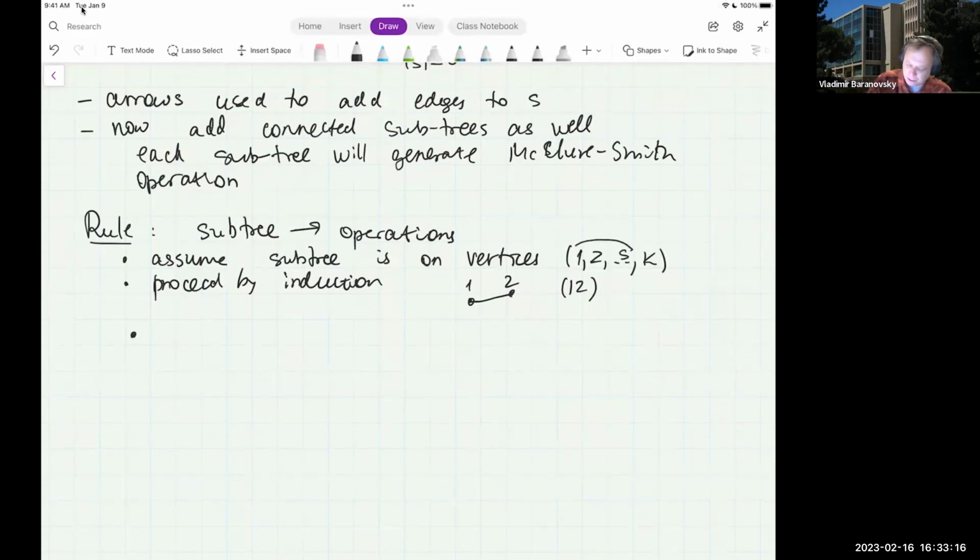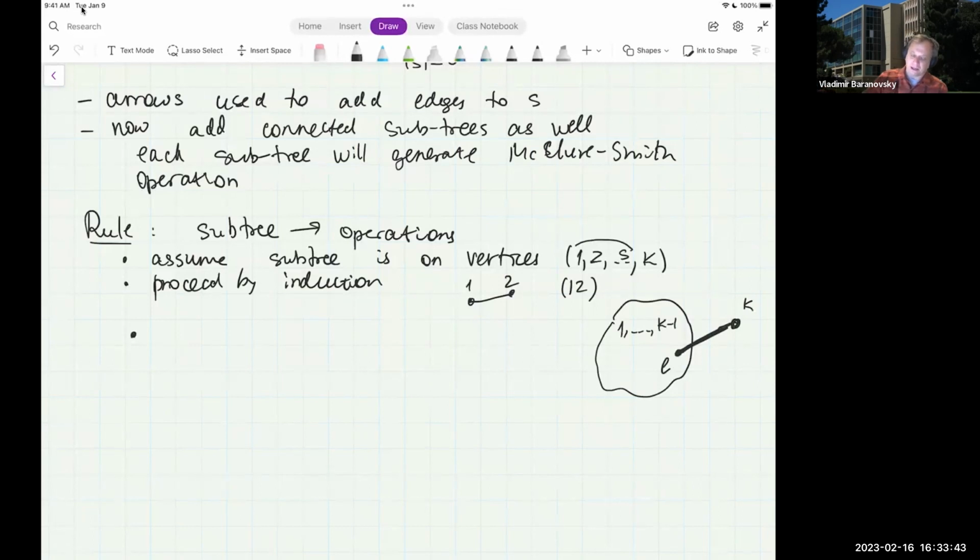So what's happening when we proceed by induction? If we have a tree that involves vertices from 1 up to k minus 1, then we want to throw in an additional vertex k, and so there will be an edge that connects k with something in here, and then let L be that vertex on the other end.